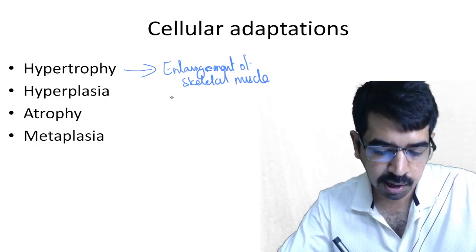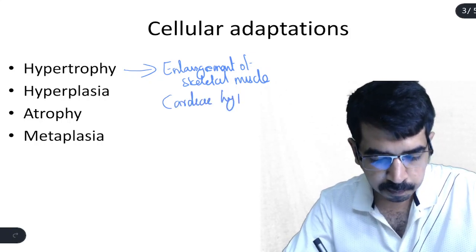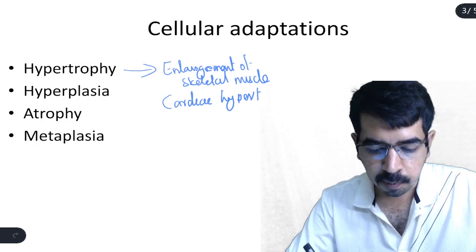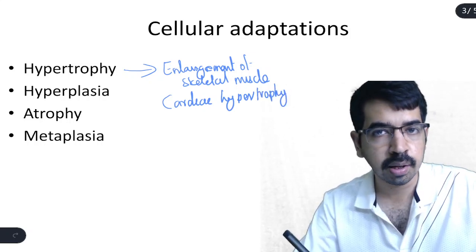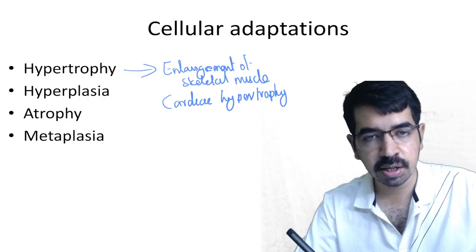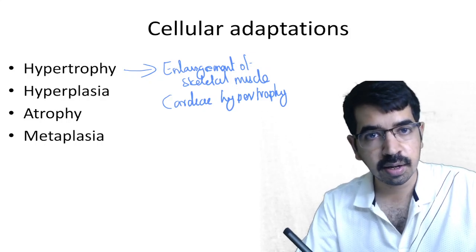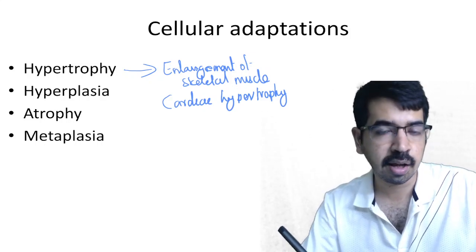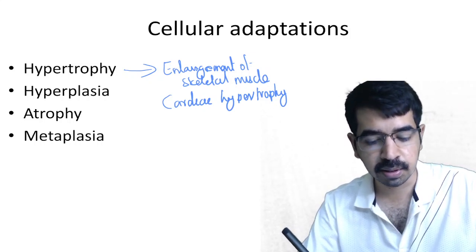Another example is cardiac hypertrophy. We know that in aortic stenosis, we can get concentric hypertrophy and a well-sustained apex. And in aortic regurgitation, due to regurgitating back of the blood from the aorta into the ventricular chamber, there is eccentric hypertrophy, where we get an ill-sustained heaving apex.